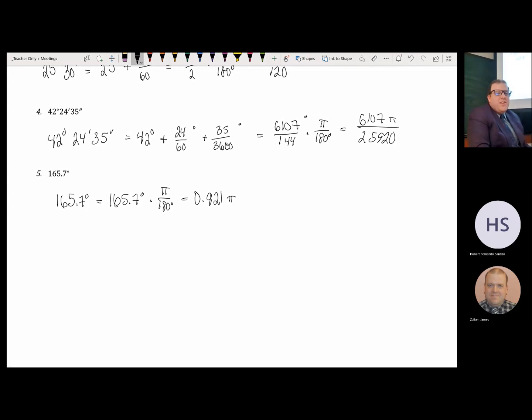So if we were adding these, we'd only get 1 decimal point, regardless of number of sig figs. I didn't invent the rules. This is the accepted way of writing it. Right, you just leave pi alone, you write that as 0.921 pi.